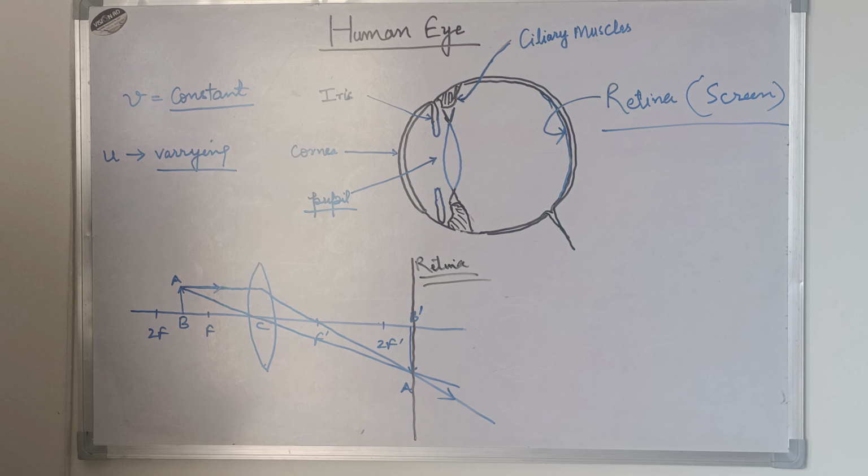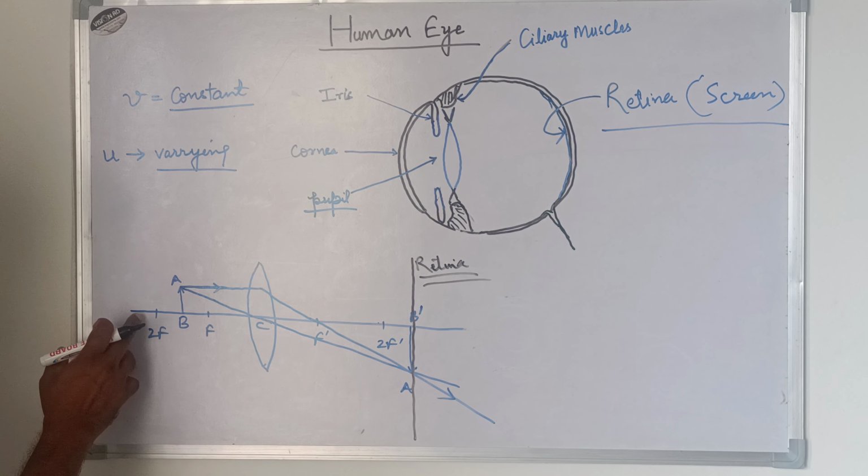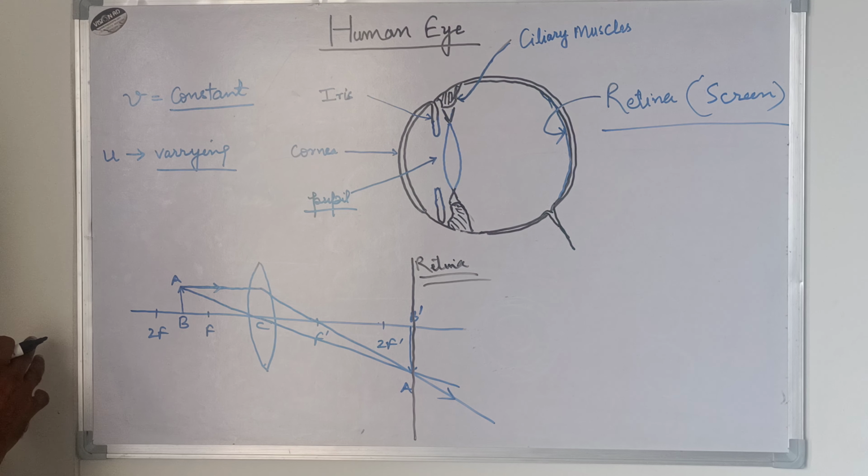Very far off objects, we see the moon, we see the sun, we see distant objects beyond 2F. We see very near objects. But what happens? We see them clearly, meaning the image is always formed on the retina. Means V is fixed and U is varying.